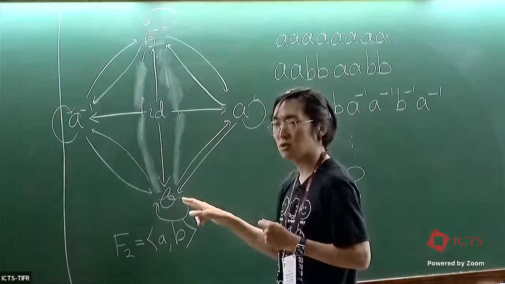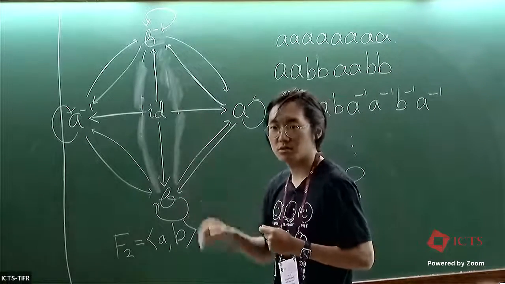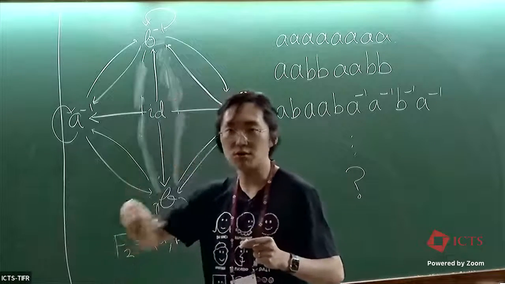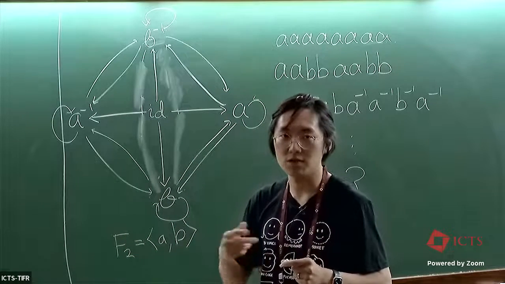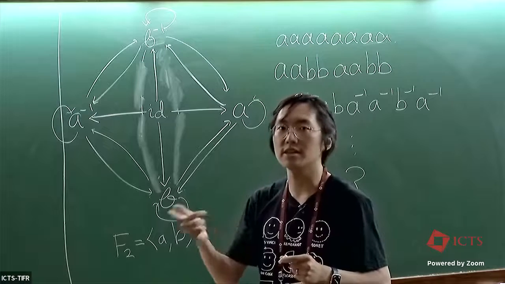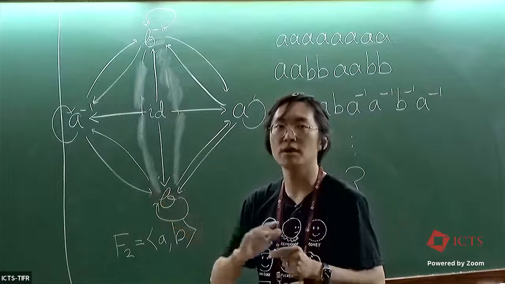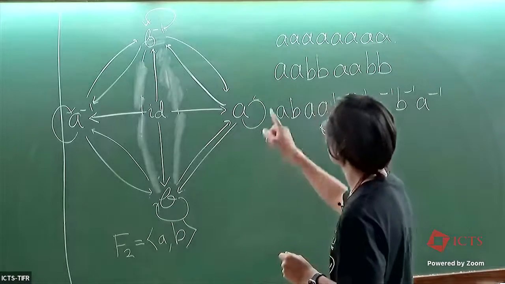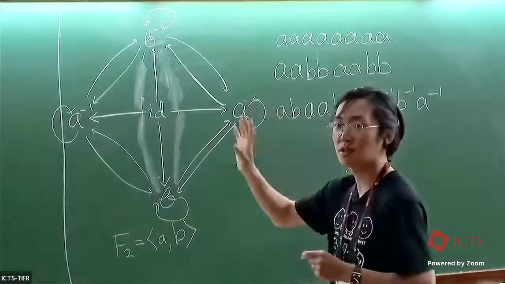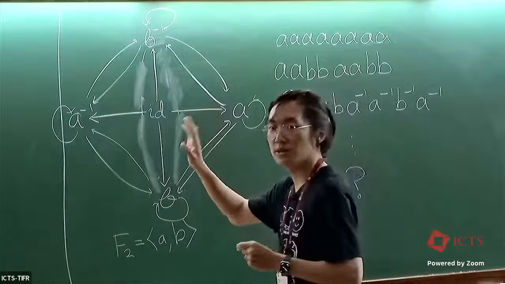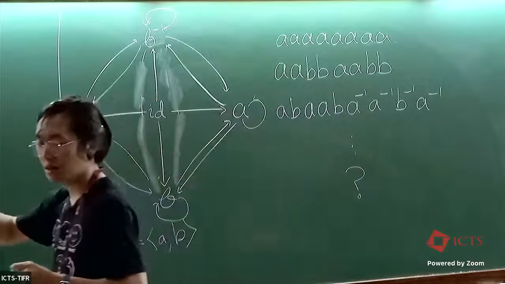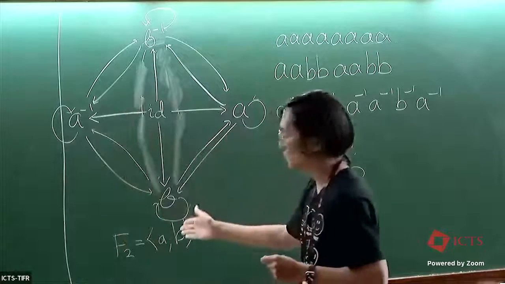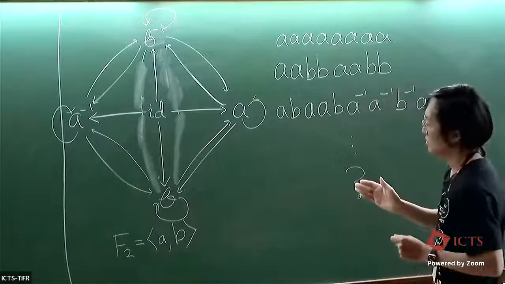The same goes for the other letters you have chosen as step 1, and that repeats forever. If you have walked to AB, then the next letter shouldn't be B inverse, but all the other things are valid. So if you follow the arrows for finitely many steps, you will get some words, and this is how you generate all the valid words for F2. So why did I bring this up?